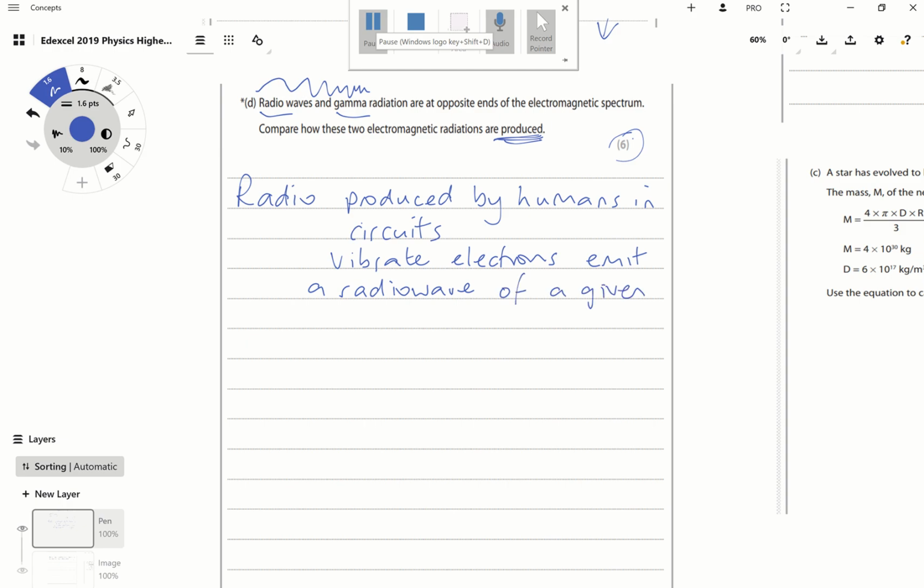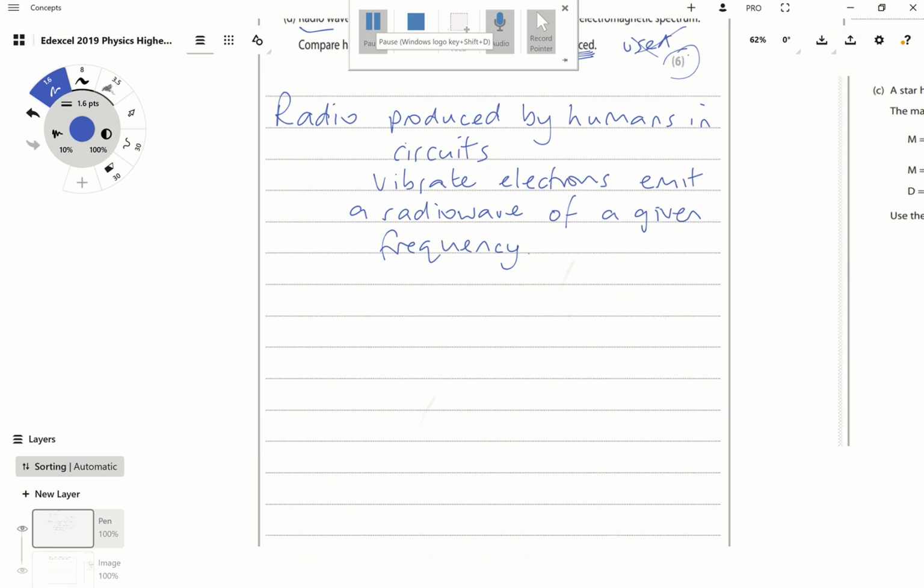So you can see how different radio frequencies work. I just vibrate the electrons more or less at a given frequency. And that's enough. It actually doesn't say what they're used for, just produced, so I don't have to do the used bit. Brilliant. Okay, so that's radio waves done.